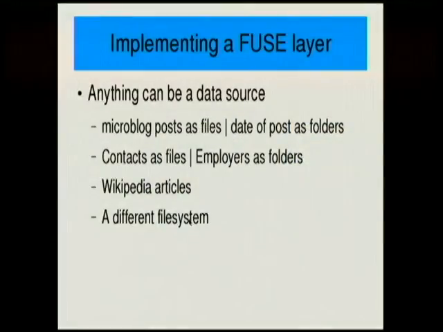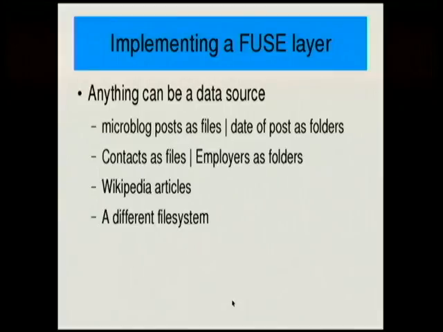In CopyFuse, we do a fair amount of them, but there is a whole section of null op ones. Realistically, anything can be a Fuse layer data source. You can do microblog posts. We saw a Gmail file attachment, Wikipedia articles, a different file system. The way exFAT works is it's actually a Fuse layer, and that's how you can do the extended attributes in FAT file systems.